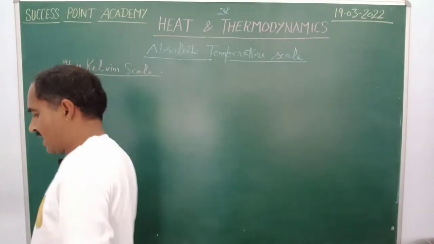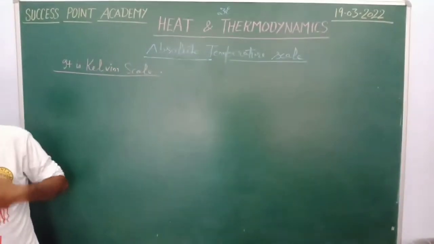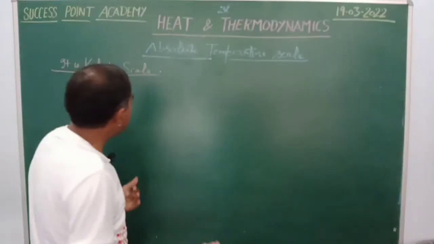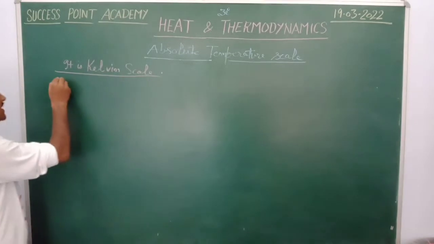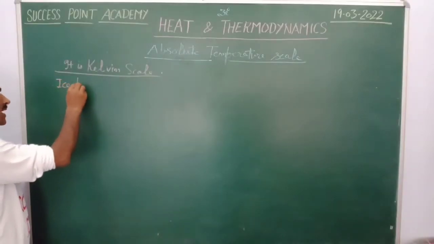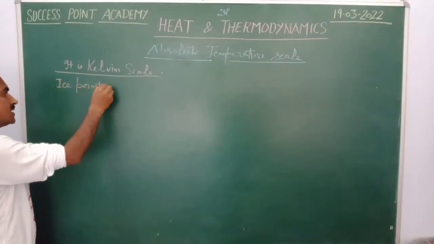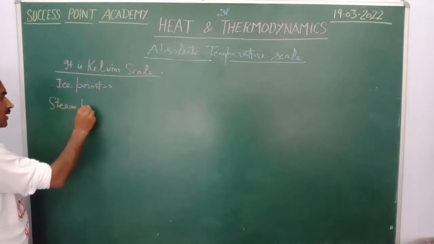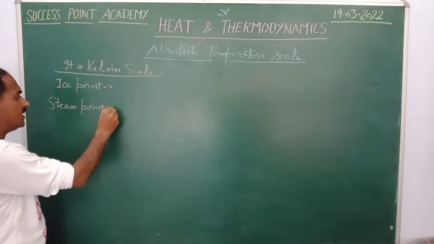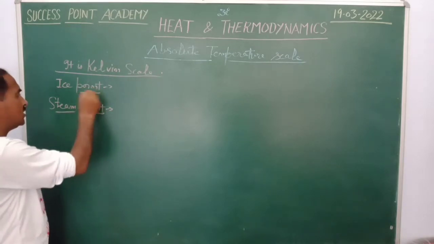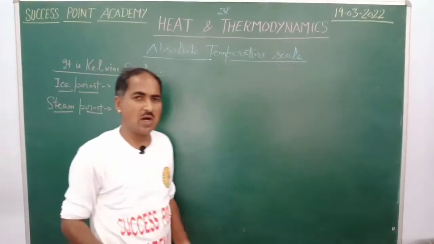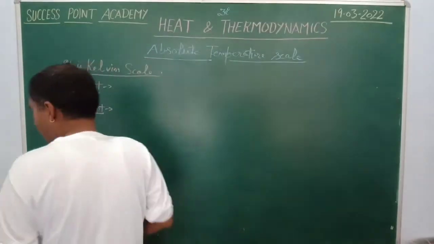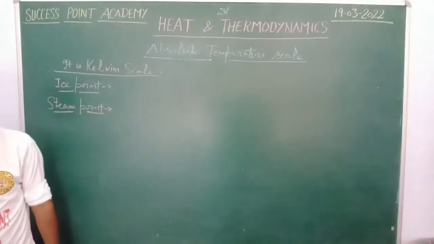Okay? Next. Now you see, on the Kelvin scale, what is the ice point? You have to note this. And what is the steam point, meaning boiling point? Everybody should note it. On the Kelvin scale, how much will the ice point and steam point be?